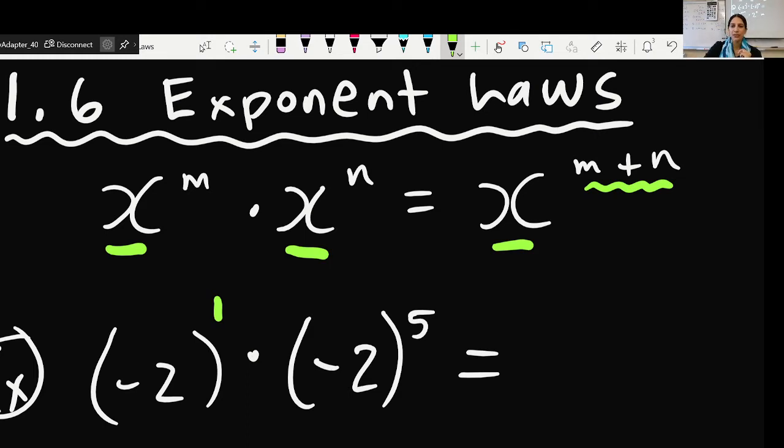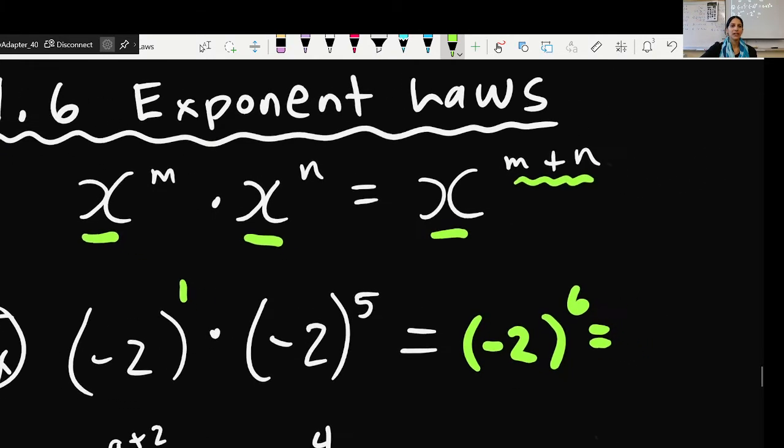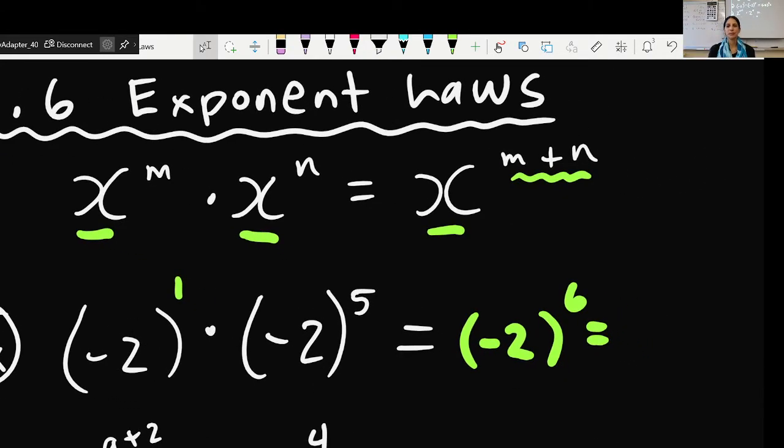So in my answer, what's the base going to be? The base stays the same, so it's still -2. And then what do I get for my exponent if I have a 1 there and a 5 there? -2 to the power of 6.